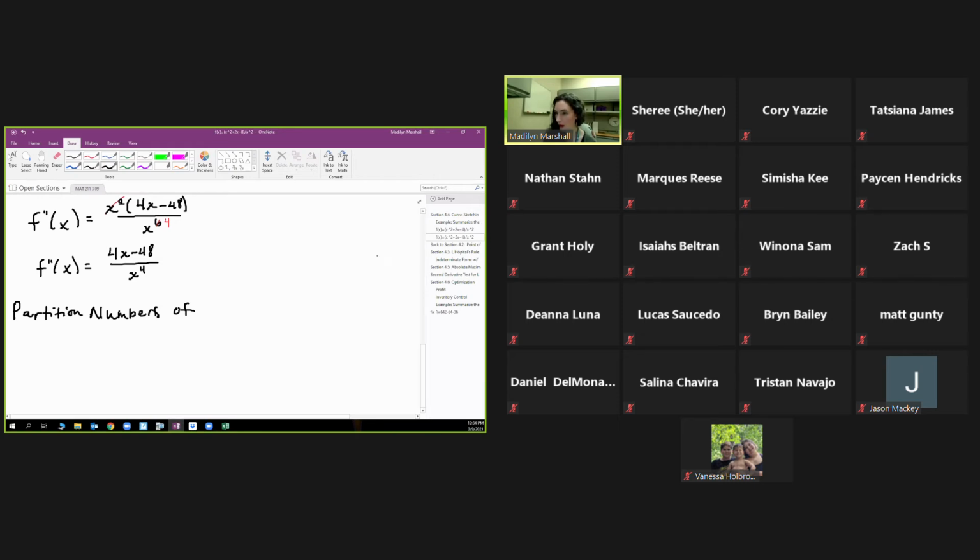We're going to be finding the partition numbers of f double prime this time. These are the numbers where f double prime equals 0, or f double prime is undefined.